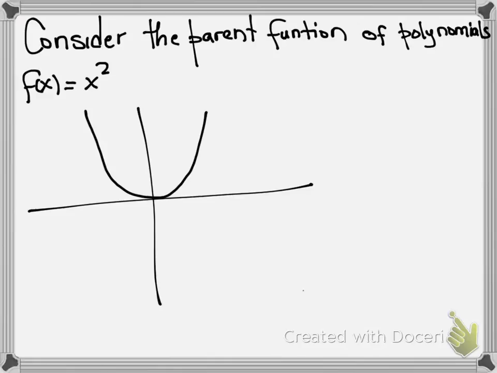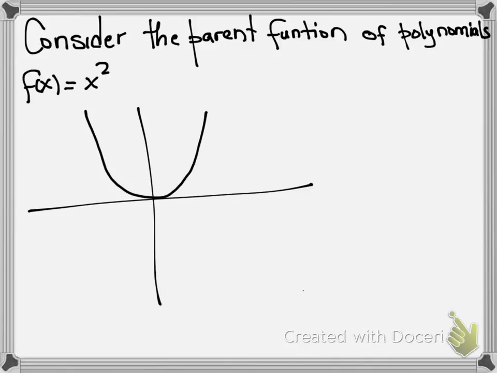So we say the behavior of this graph as x approaches positive infinity, the value of y also approaches infinity. If we go in the other direction, as x goes toward negative infinity, y keeps going to positive infinity as well. So this is how this graph behaves.